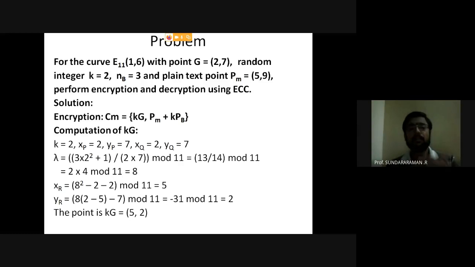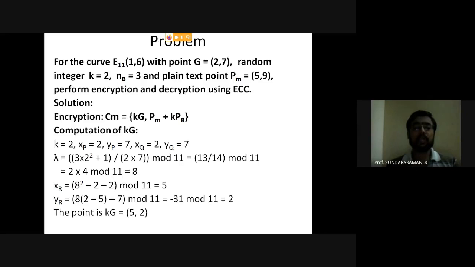When you are performing point doubling, lambda can be expressed as lambda equal to 3 into xp square plus 1 divided by 2 into yp, and apply the elements in the equation. It is just direct substitution, that's it.